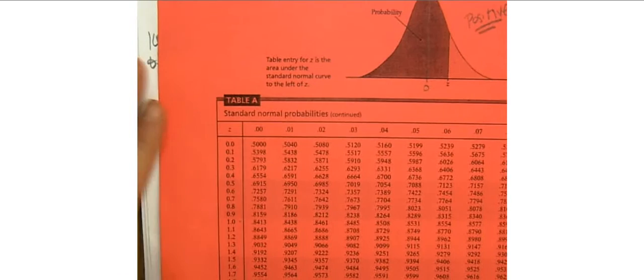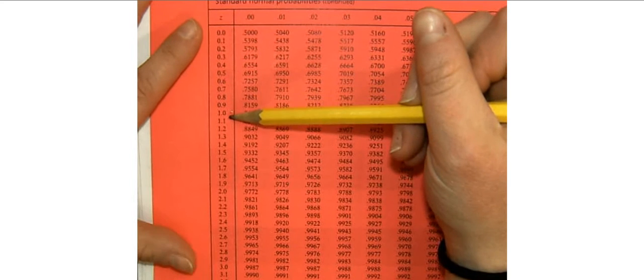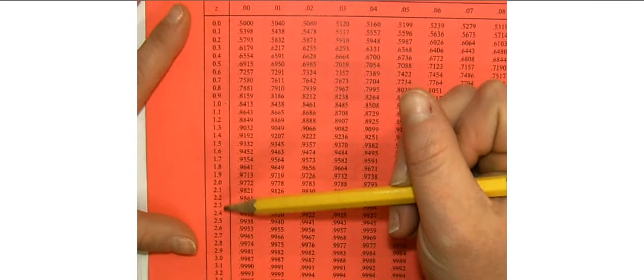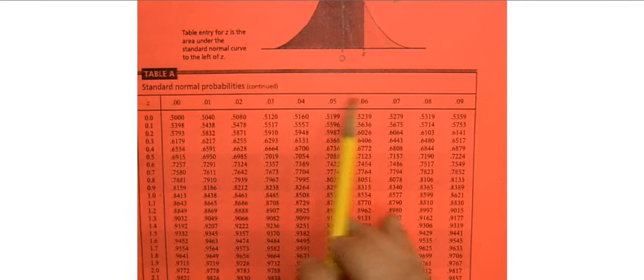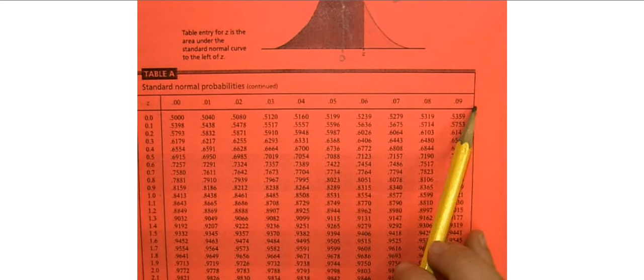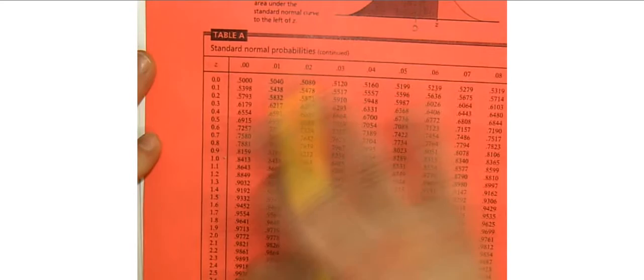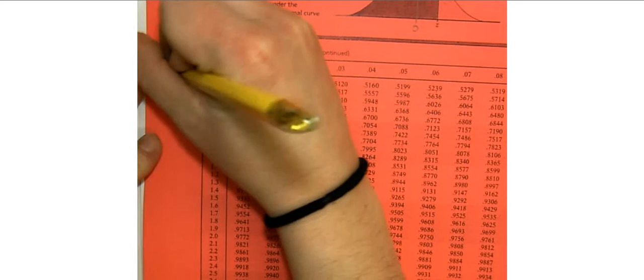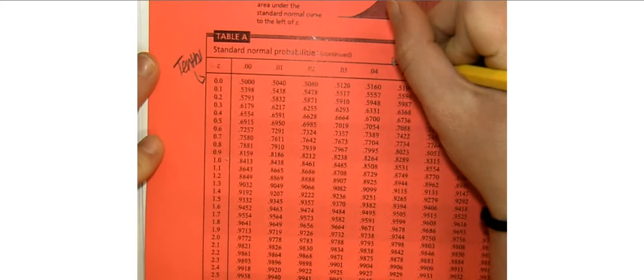And how you read this table is you have columns and you have rows. Notice that your column is all written into the tenths place, 2.1, 2.2, etc. And notice that your horizontal table is written into the hundredths place. So if I wanted to find the probability that z is less than or equal to 2.45, that means 2.45 standard deviations above the mean, then I'm going to identify where 2.4 is first.